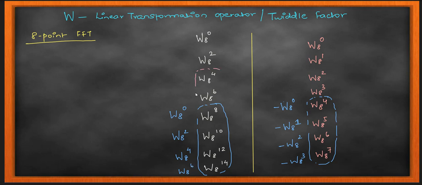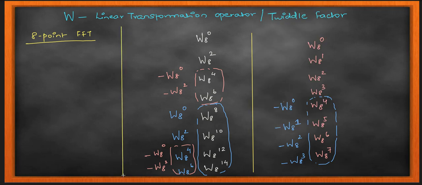Now I'm looking at the second stage, and these are the powers which are multiples of 2, and then using the periodicity and the symmetry property, I am simplifying this. These simplifications have already been shown to you, the steps involved, but now I'm just writing them for explanation's sake.